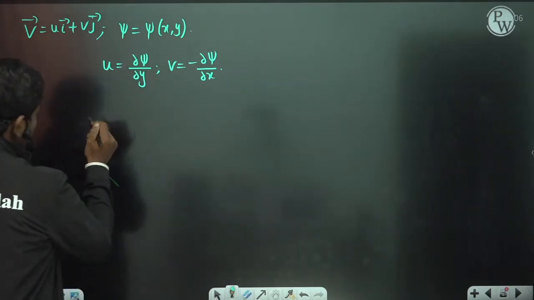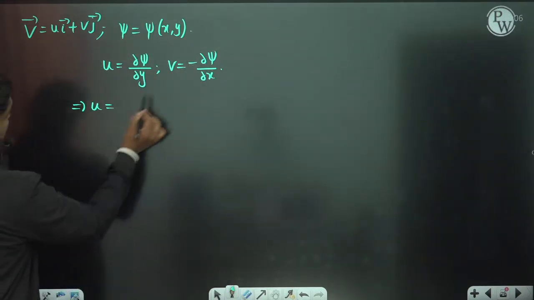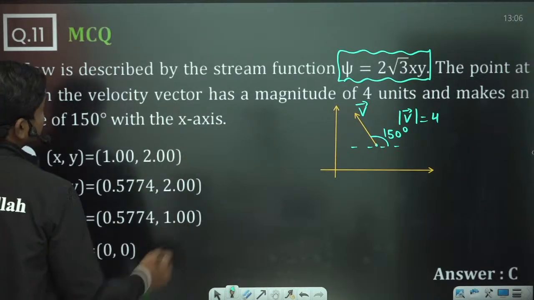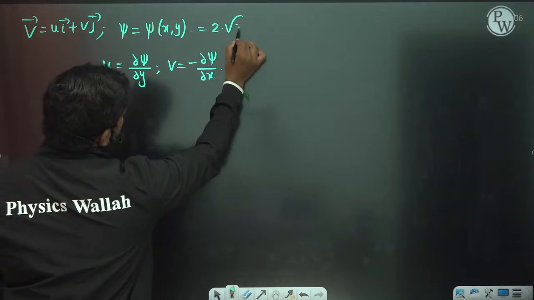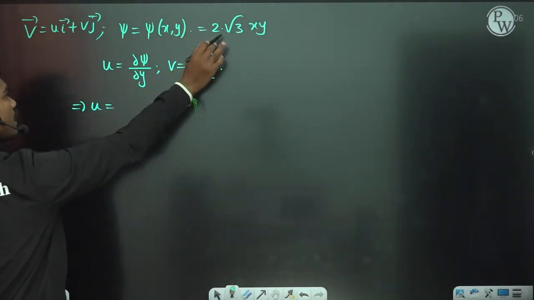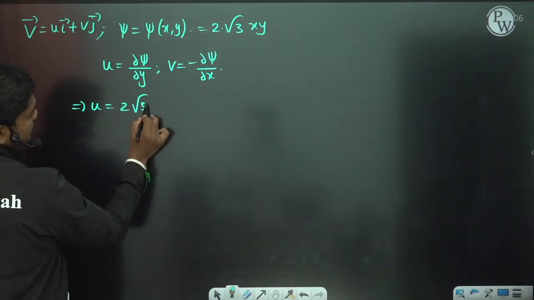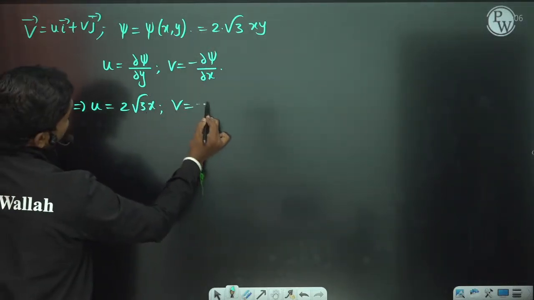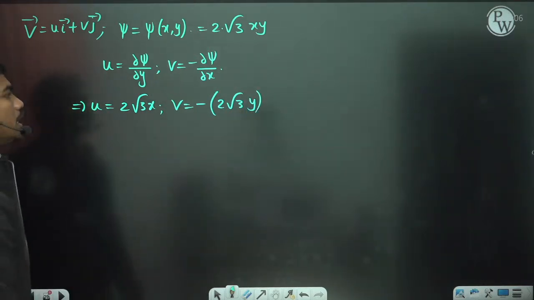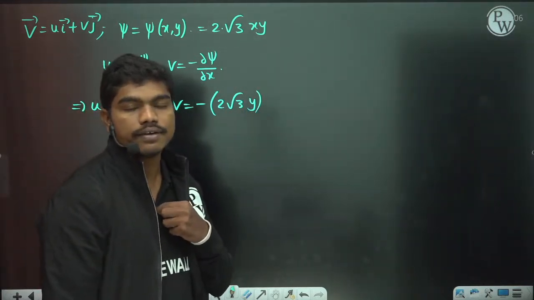The function is 2 root 3 into xy. So u is, differentiating with respect to y partially, 2 root 3 x. Similarly, v is equal to minus 2 root 3 y.